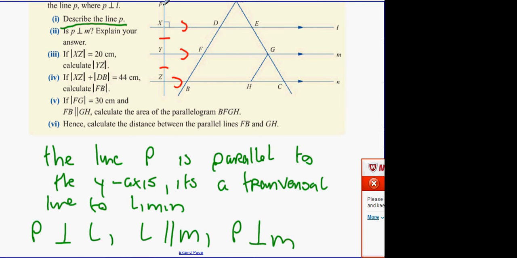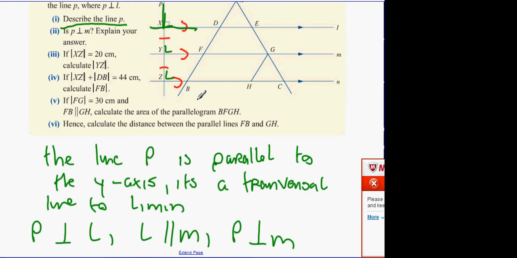It shows that P, which is this line here, is perpendicular to L through this sign here. And because M goes in exactly the same direction as L, it also has to be perpendicular to the line M and the line N.